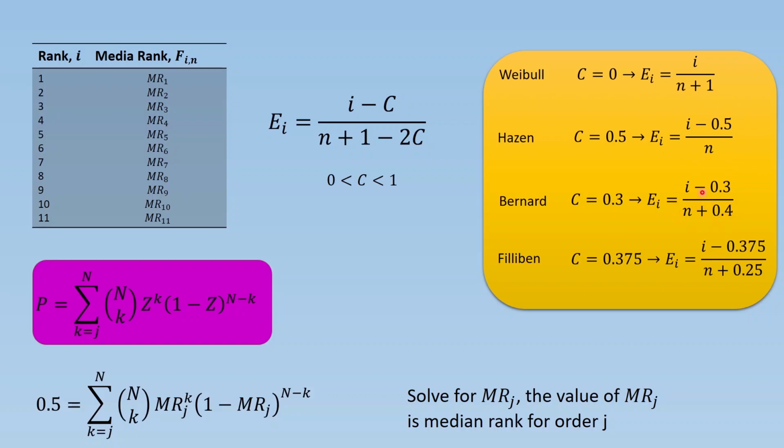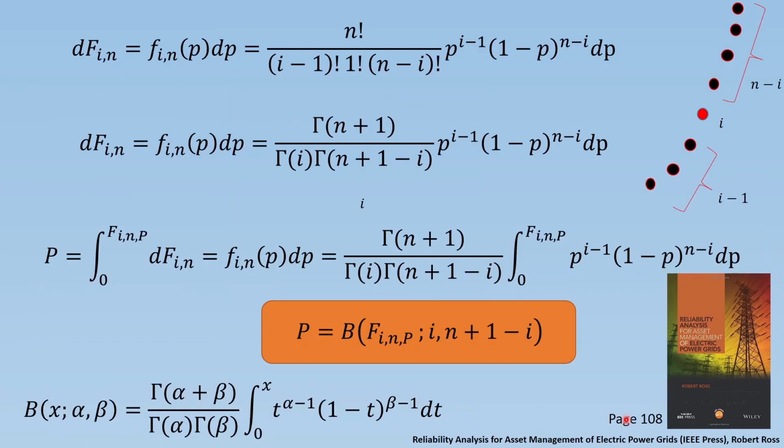And this is another one which is very accurate if you compare it with the exact one. And this is another one. Okay, so these are all estimators. They are approximate. This is the exact formula. We can also obtain the exact median rank using the beta distribution. This is something that I'm going to show you here.